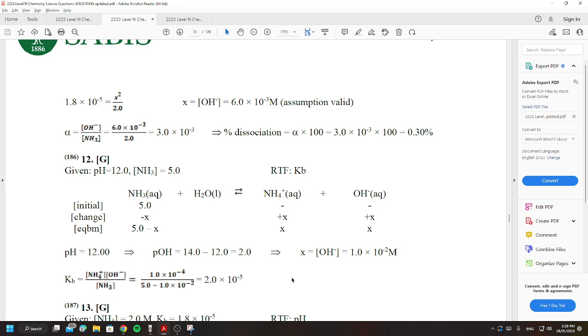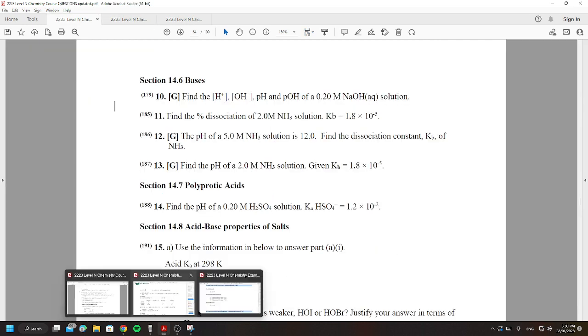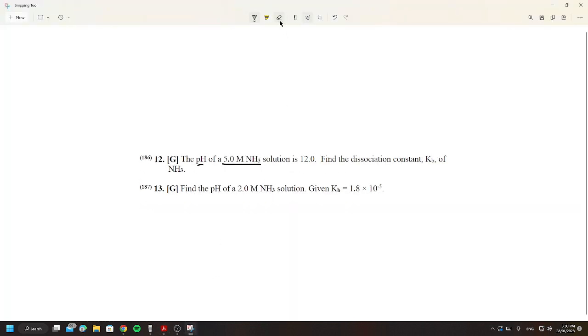What they do here, they just did an ICE table to find the concentration of the OH minus. Yeah, okay, so my method is wrong. Let me just solve it the normal way.